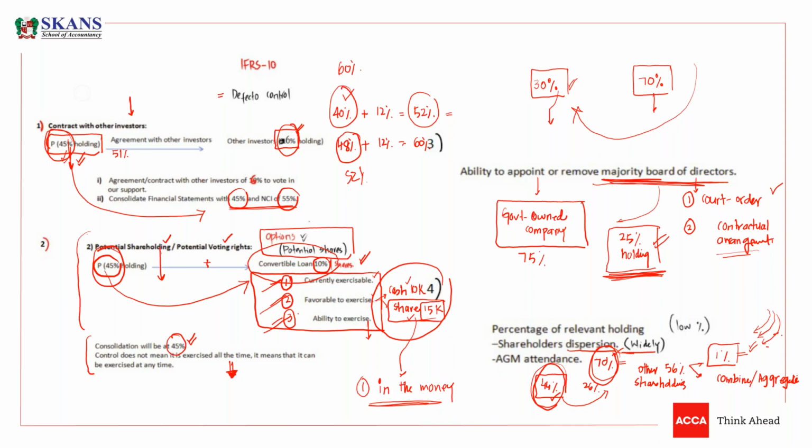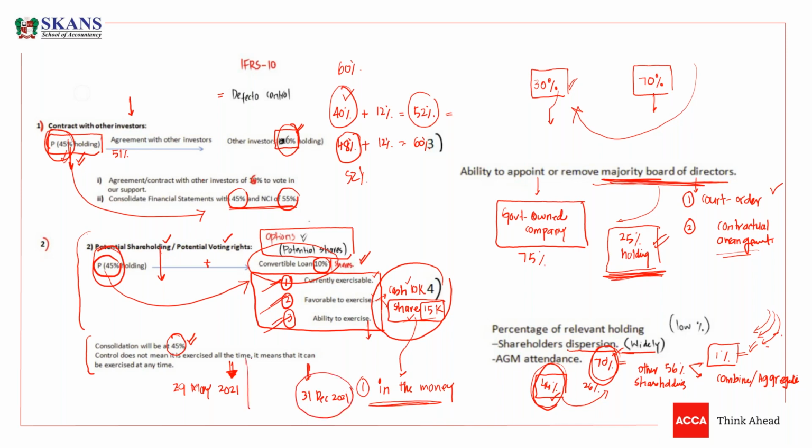Now let's apply these concepts in the question, then we will come back to this point again in discussion. Someone asked me what currently exercisable means. Look, if today is 29th May 2021, and it is written on the convertible loan that it can be exercised on 31st December 2021, then you can convert this into shares, but only on 31st December 2021.